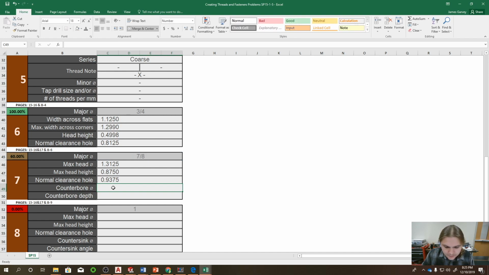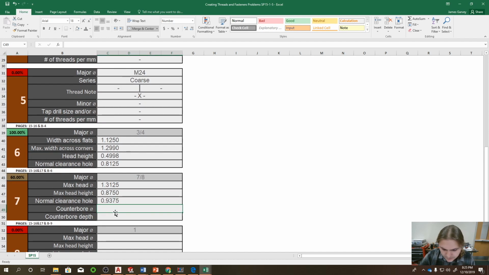And then the counterbore diameter that needs to be drilled to fit the head in is on page 1517, under figure 15.92. You can see how things are labeled, and the equations are in the paragraph above that. So the counterbore diameter, that's C1 in the diagram, equals D1 plus 1/8.